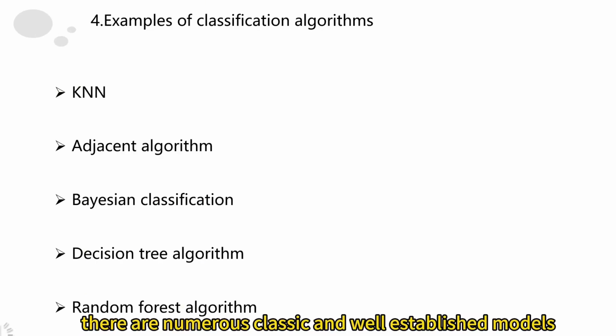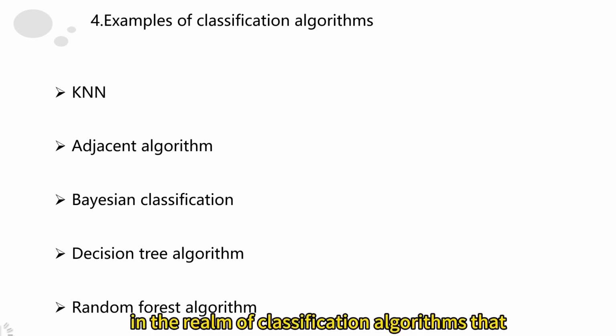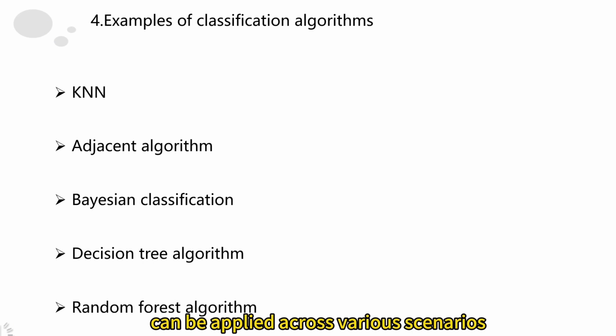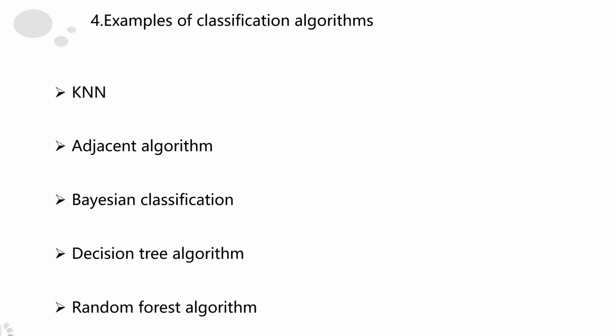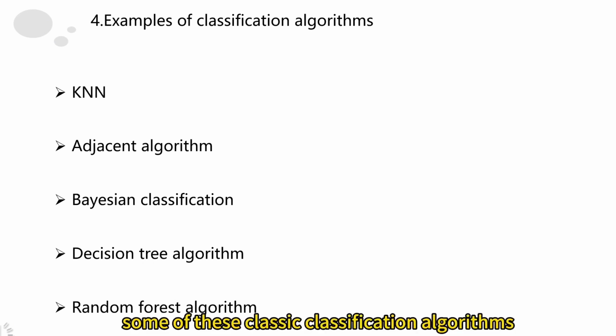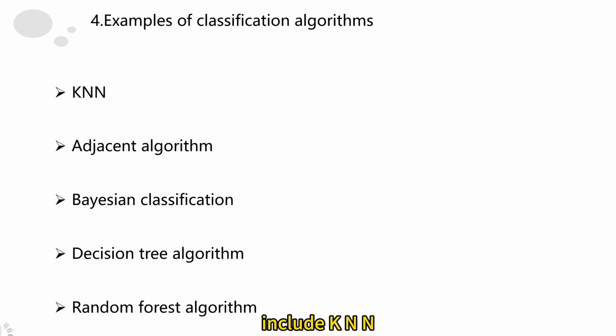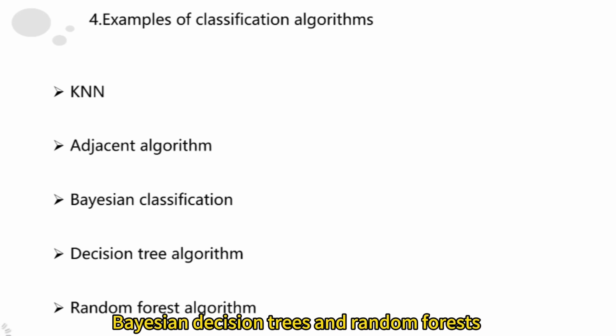Indeed, there are numerous classic and well-established models in the realm of classification algorithms that can be applied across various scenarios. Some of these classic classification algorithms include KNN, logistic regression, Bayes, decision trees, and random forests.